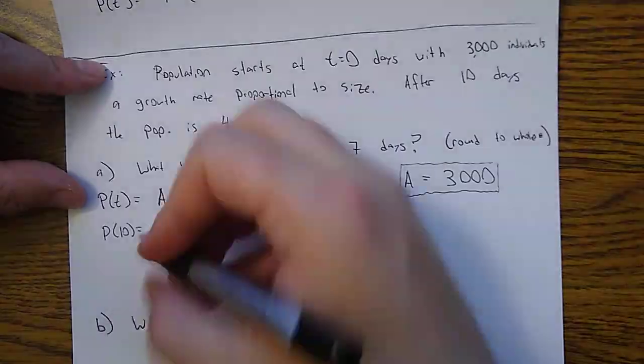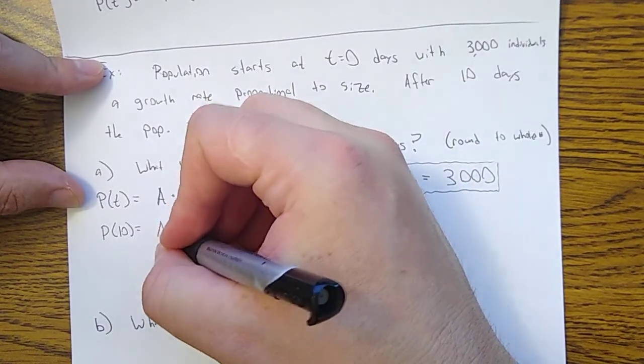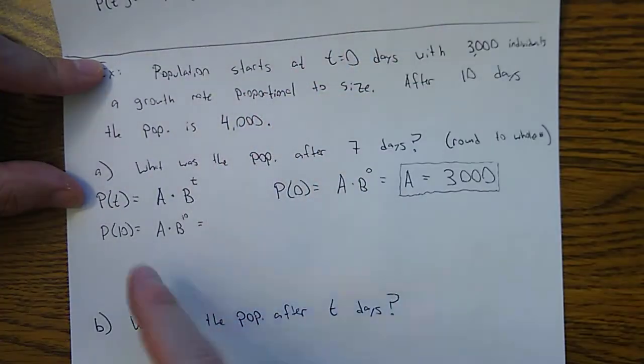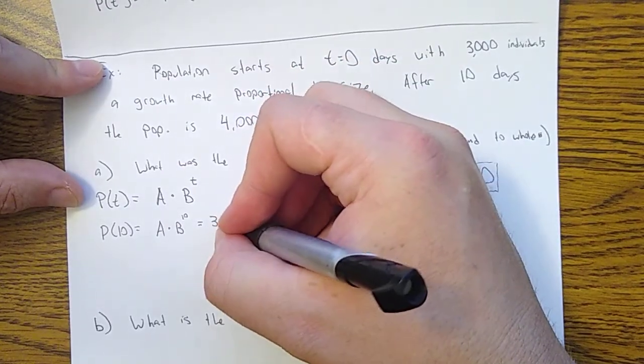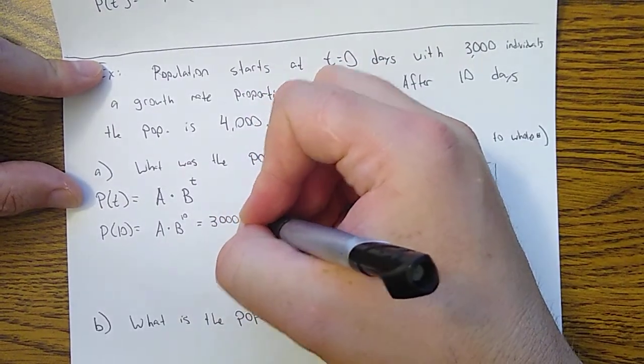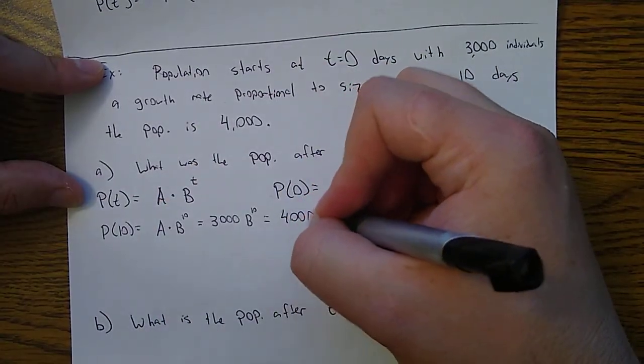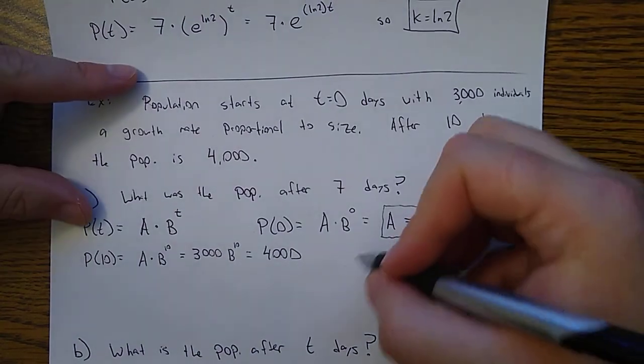So p of 10, if I use the formula, would be a times b to the 10th, which, since I know a, would be 3,000 b to the 10th. And that should equal 4,000, because that's what I was told the population was after 10 days. Okay, now this should help me find b.